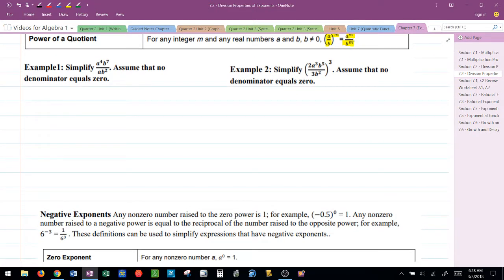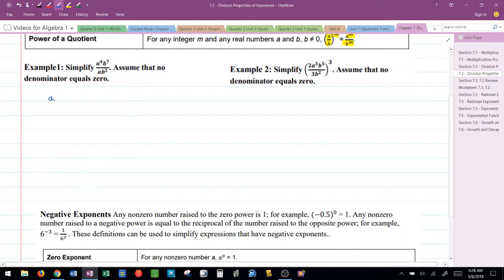Whenever I am doing these kinds of problems, I like to keep it very organized. I focus on numbers with numbers and each individual variable with its corresponding variable. In this first problem, when I see a to the fourth over a, I'm not looking at the whole big thing, I just see the a's.